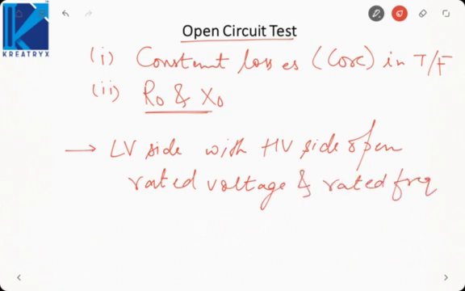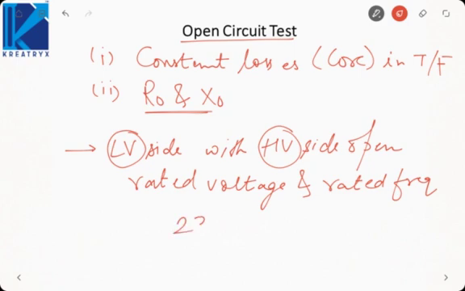The rated voltage on the low voltage side will be lesser as compared to the high voltage side. By definition, the low voltage side is the side which has the lower rated voltage. So if we apply the rated voltage at the low voltage side, the voltage applied will be lesser.